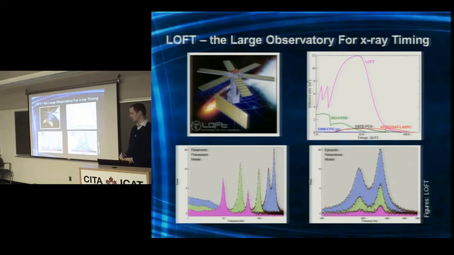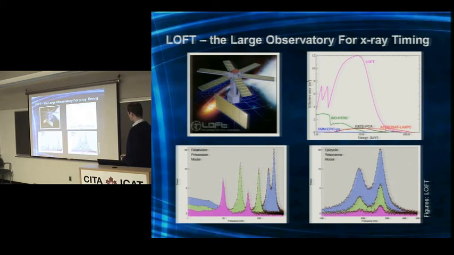In other words, LOFT is going to have absolutely precise measurements of the timing properties, so you can observe stuff orbiting around a black hole in real time. We're talking about microsecond resolution, just because we have this enormous collecting area, as well as the correct receivers that we need for this.